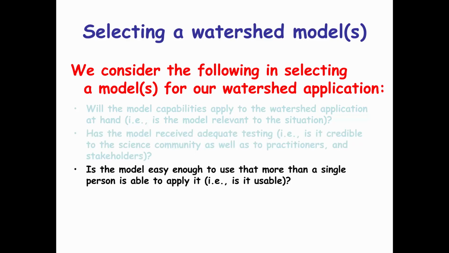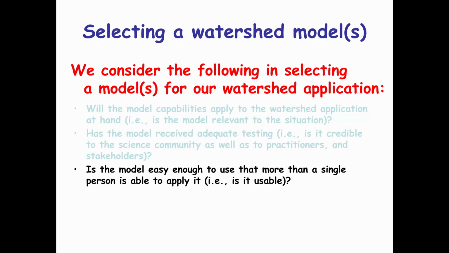The model certainly should be simple to use, or easy to use by the user. And sometimes models that are very complicated are developed by a single user, and then nobody else ever actually uses it because it's so difficult to use.